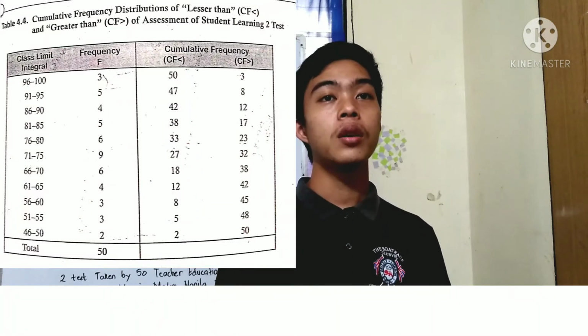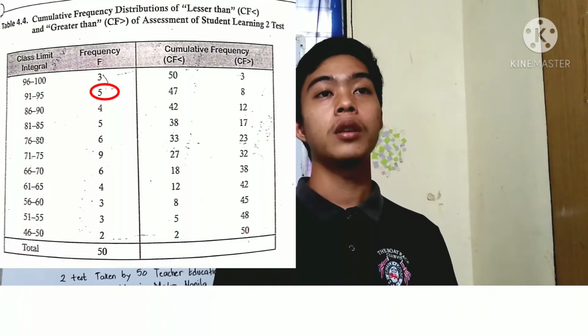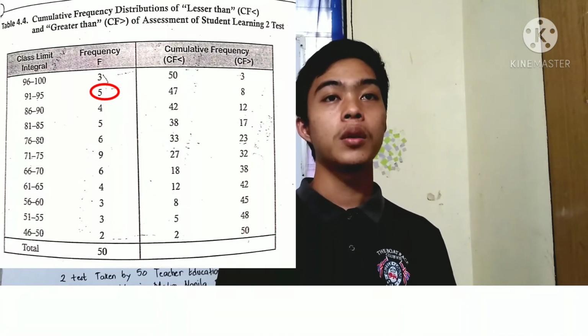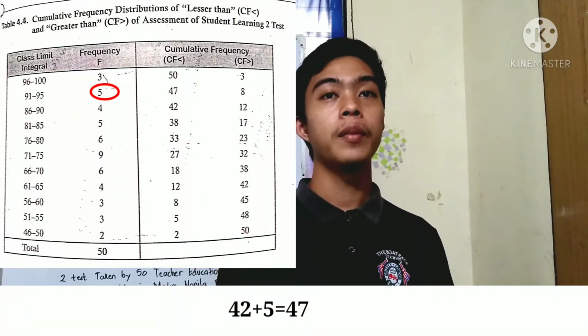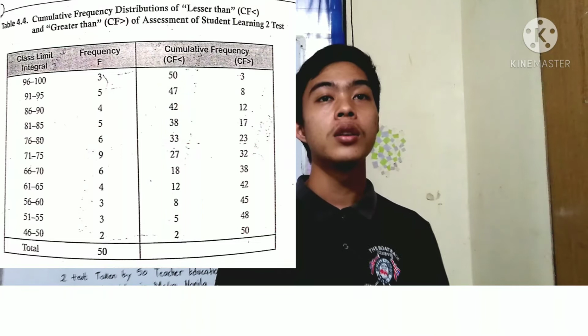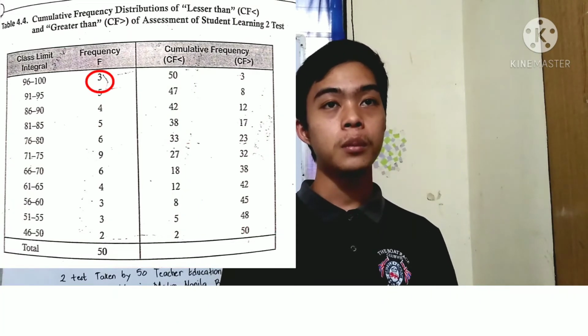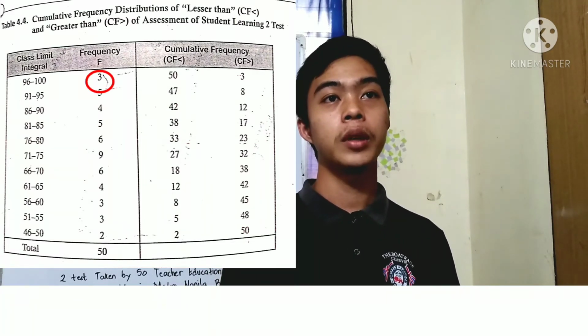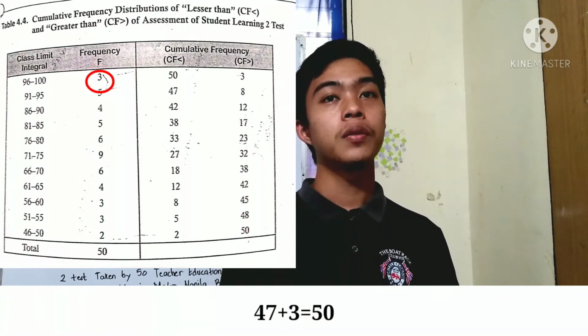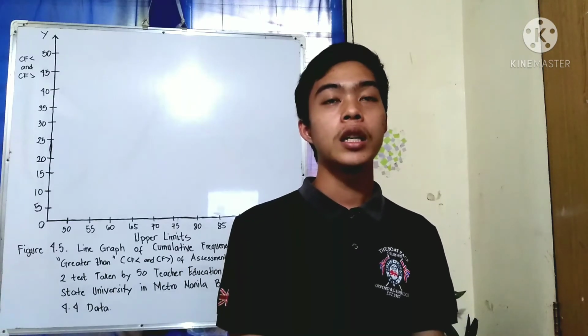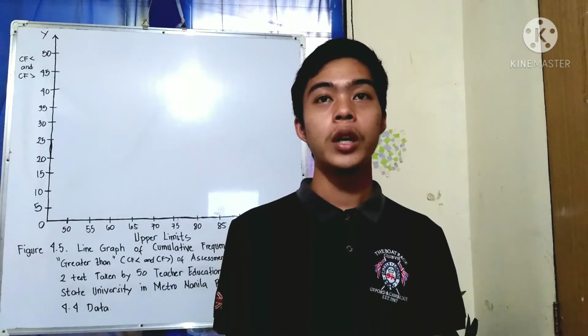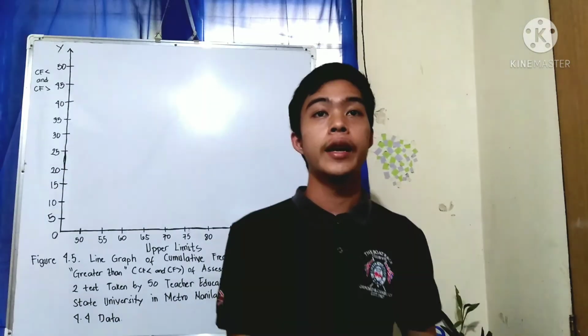For the frequency of 5 in the class limit 91 to 95, you will just add 5. So 42 plus 5 equals 47. For the frequency of 3 in the class limit 96 to 100, you will just add 3. So 47 plus 3 equals 50. So that is how we get our cumulative frequency lesser than.